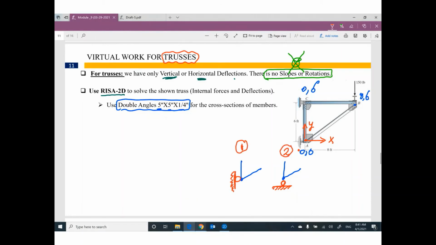What is the difference between the roller in case number 1 and the roller in case number 2?